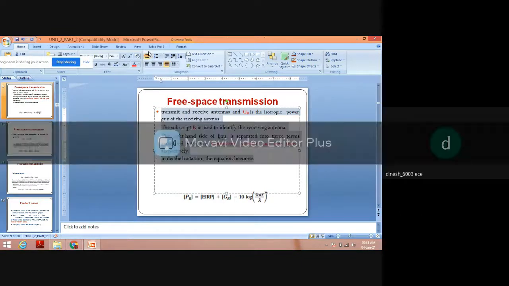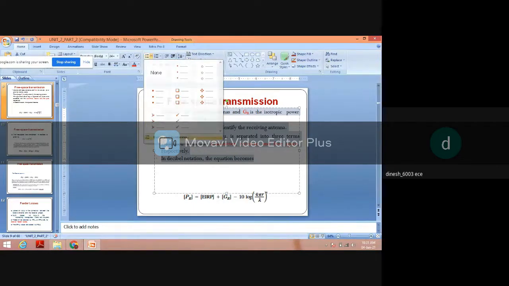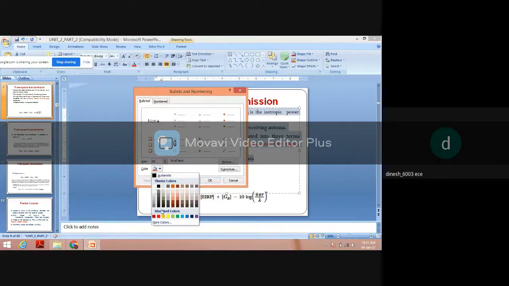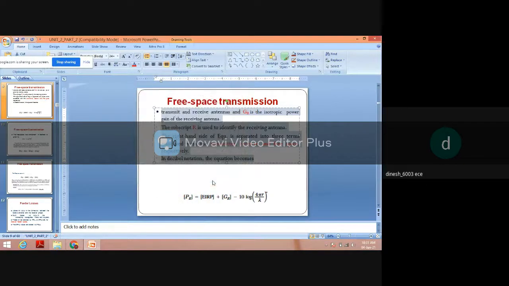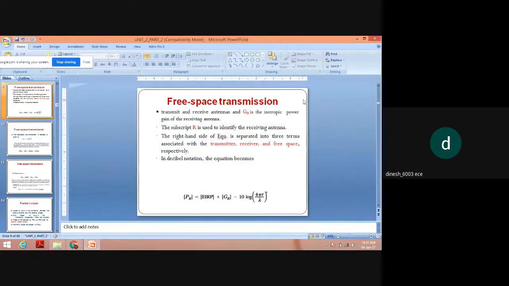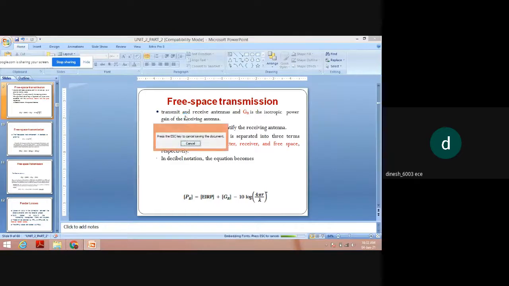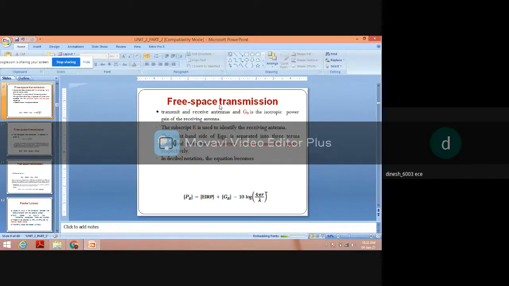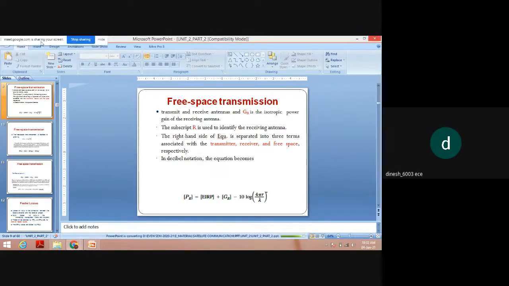The transmit and receive antennas, with the consideration for isotropic power, we are going to see. Wherever we write a subscript r or t, it identifies whether it is receiving or transmitting. If I write r, it is receiving; if I write t, it is transmitting.